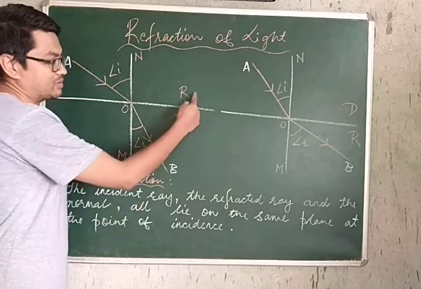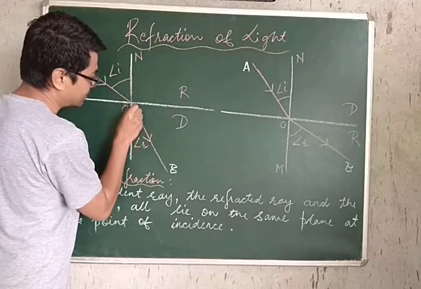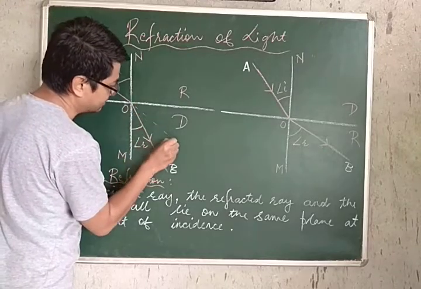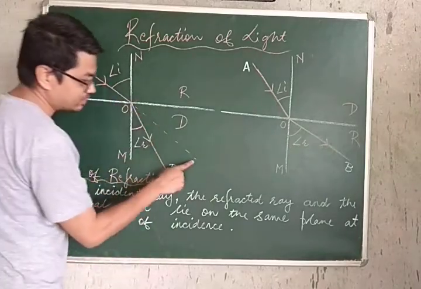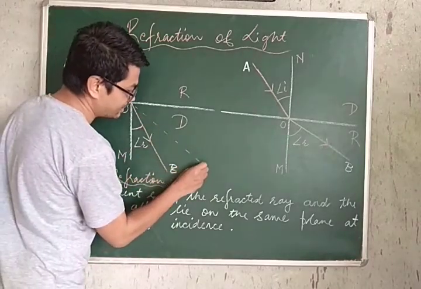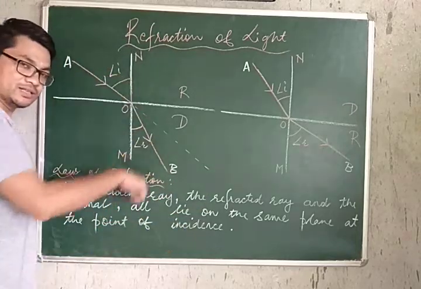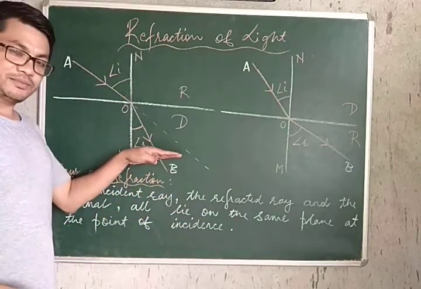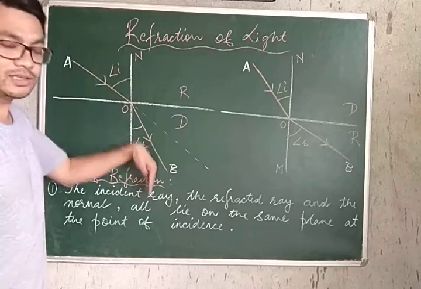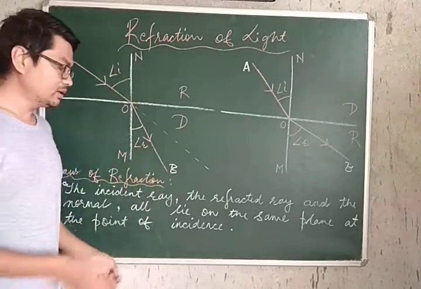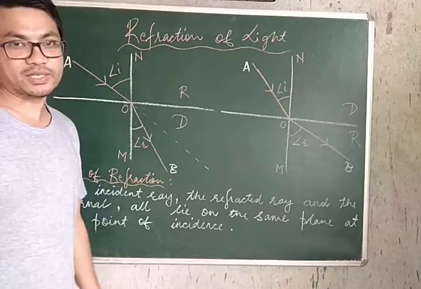The ray of light was originally traveling in this direction, but the moment it entered another medium, a denser medium in this case, it bends towards the normal.